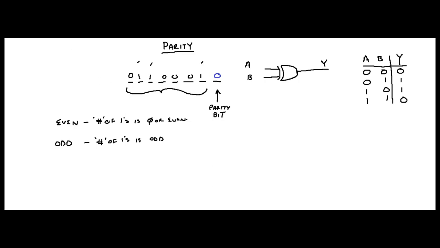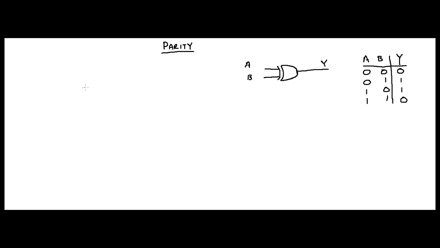Let's try another example here, shall we? So in this second example, I'm going to write down 7 bits again. And I'm going to ask you to fill in the parity bit, all right?